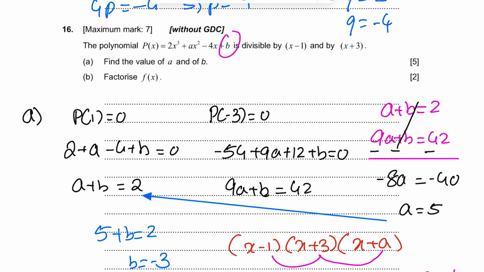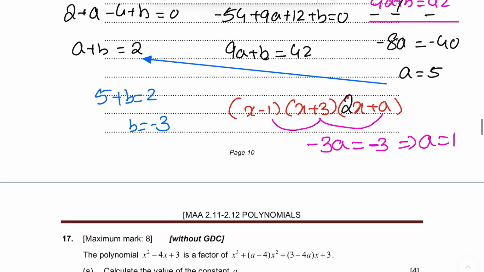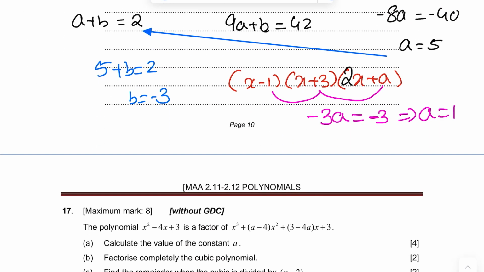But over here, care should be taken that it should be 2x, because I want 2x cube. So 2x plus a. So my final answer is going to be x minus 1 times x plus 3 times 2x plus 1.